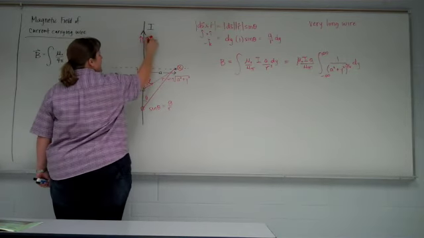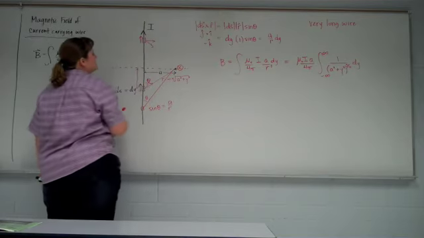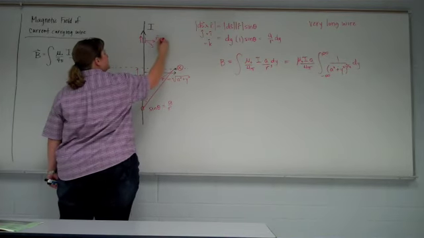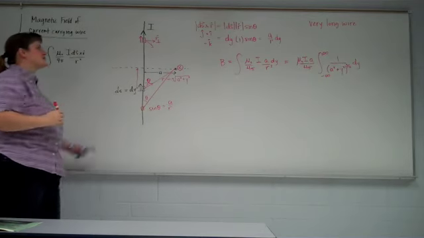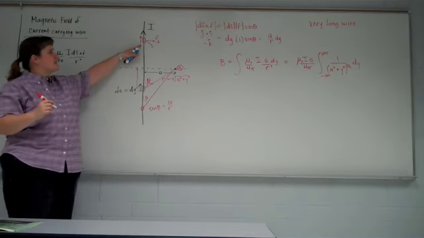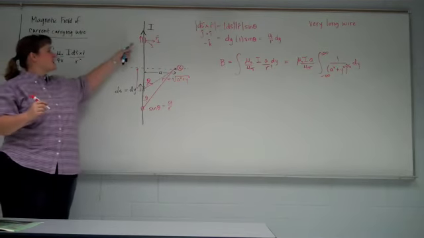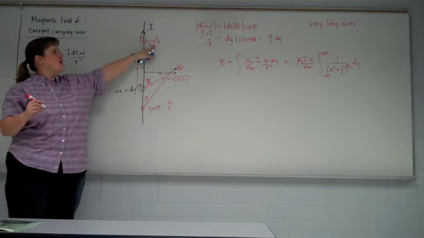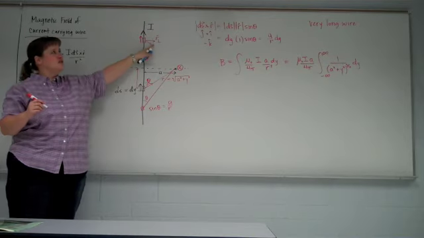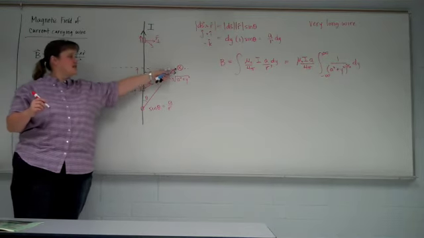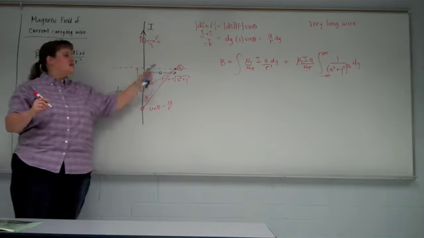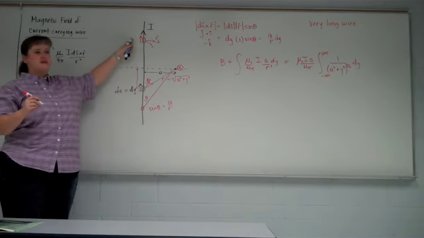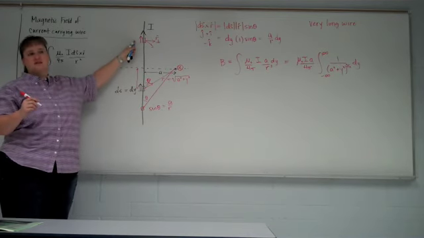The component perpendicular, so this is the perpendicular component of r hat, is in the x direction. So even if we're looking at a piece up here, when we take ds cross r hat, ds is in the j direction, the perpendicular component of r hat is in the i direction, j cross i is still negative k. So a piece down here and its mirrored piece up here will be doing the same thing.